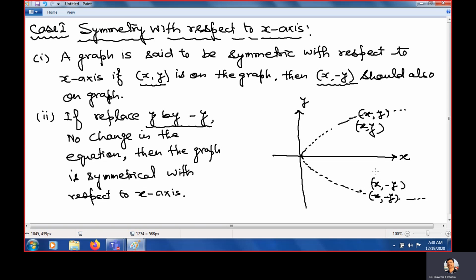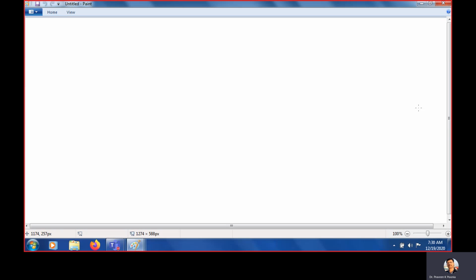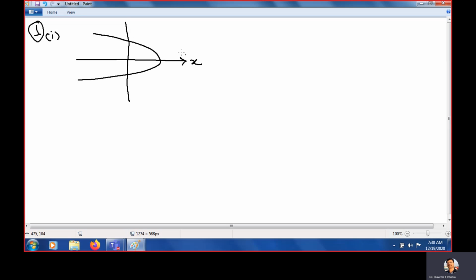So first of all, we will study some question examples. I will draw a graph here, and you need to tell me whether this graph is symmetrical about the x-axis or not symmetrical about the x-axis. Clear? So you can see, whatever it is above, it is the same below.